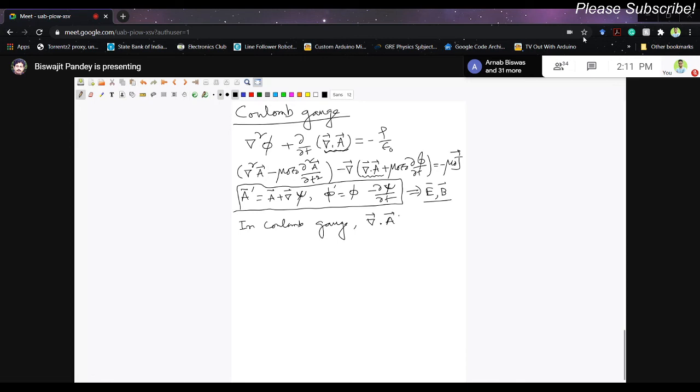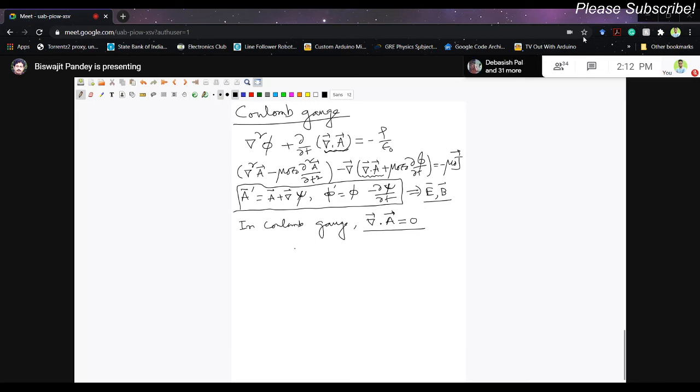Of course you can impose any other condition. We choose our psi in such a way that divergence of A equal to 0. As long as psi is chosen in such a way that it is not altering E and B, there is no harm in doing that.